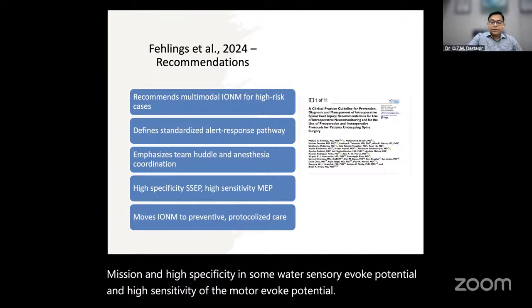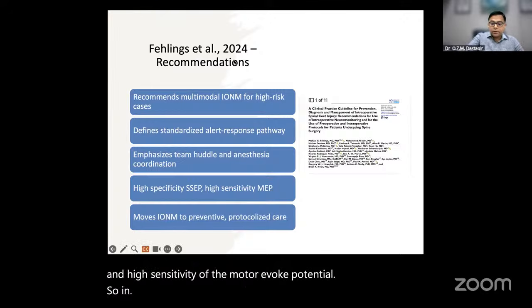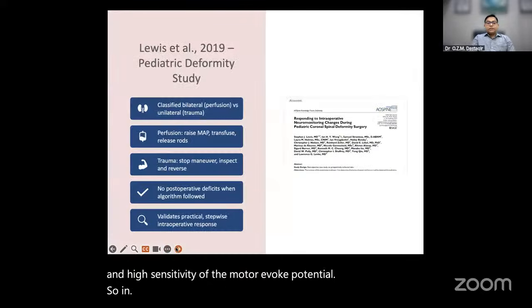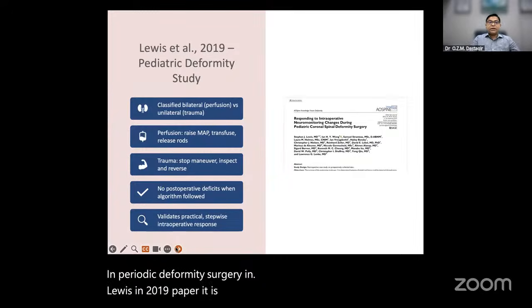So in pediatric deformity surgery, Lewis's 2019 paper is a retrospective study of 97 cases.